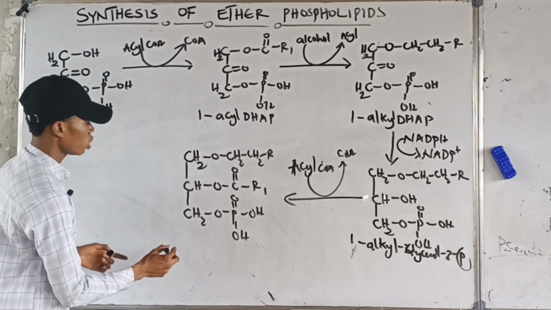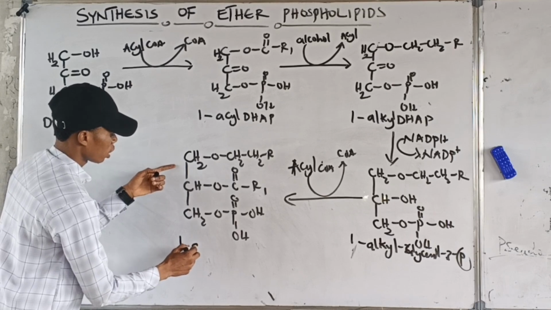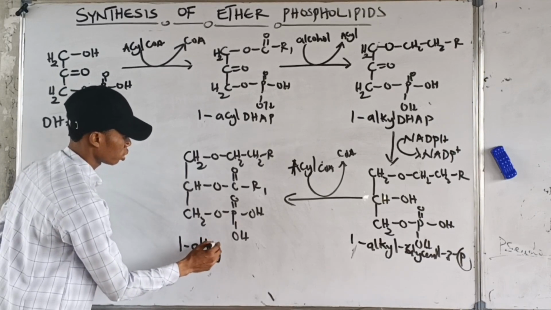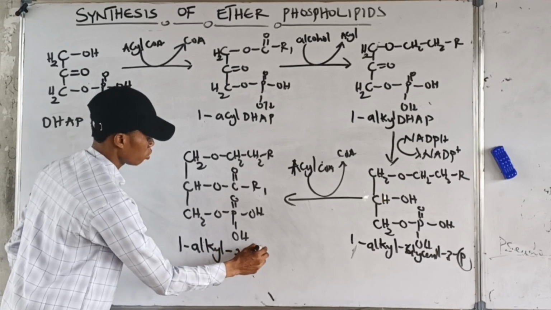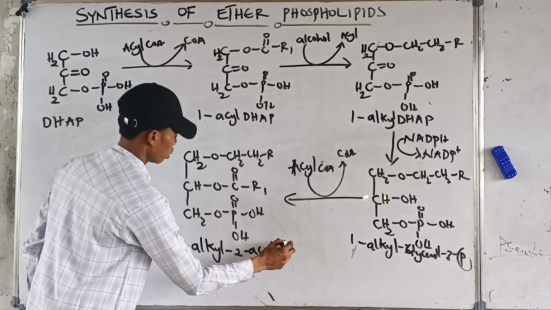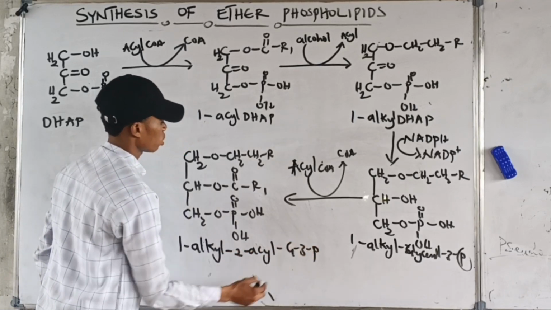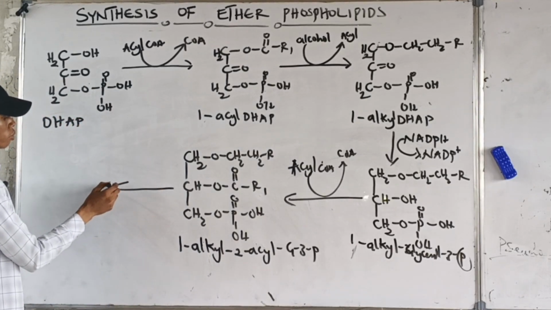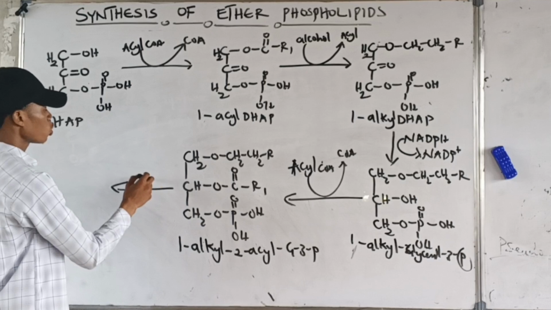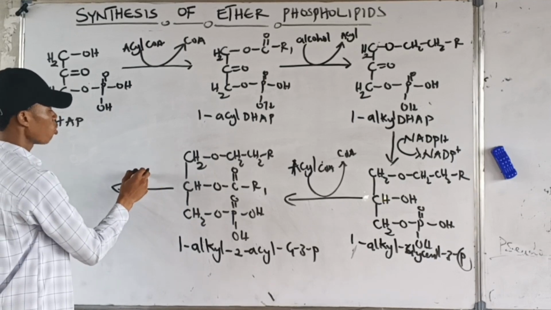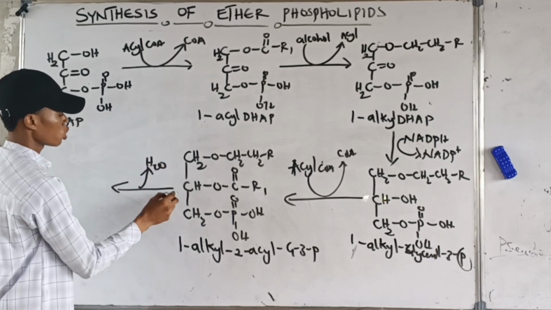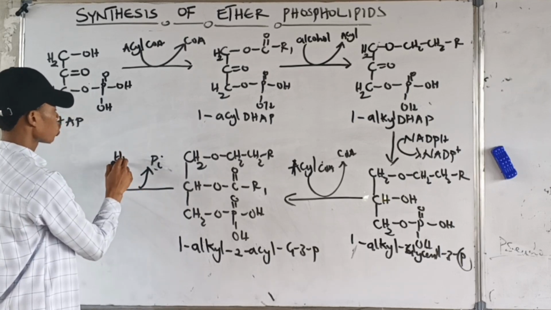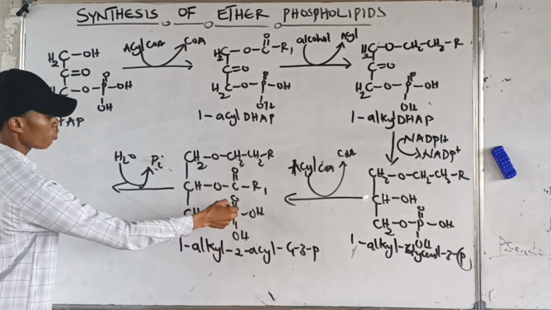Now if I want to name this, it is now 1-alkyl, 2-acyl, because the acyl group is on carbon 2, glycerol 3-phosphate. Now at this point here, the next thing that will happen is phosphohydrolysis. We remove the phosphate group.